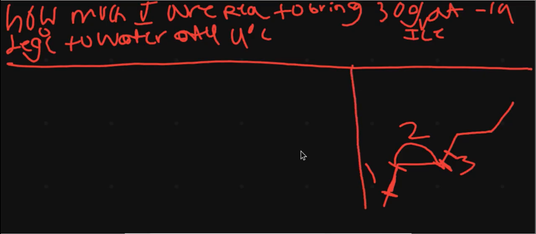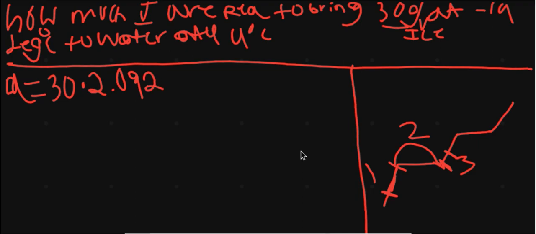Now, the equation to figure out the heat energy required to bring a substance up to its melting point is as follows: Q equals mass, which is 30 grams, times the specific heat of the substance, which in this case for ice is 2.092 joules per gram, times the change in temperature, which bringing it from negative 14 to 0 is 14. 30 times 2.092 times 14.